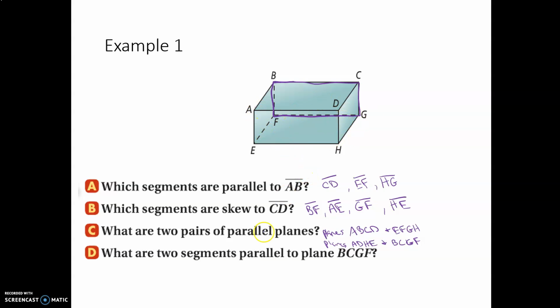So if we do left to right, AD is parallel to that plane. EH is parallel to that plane. And I know it says two, but I want to make sure you know all the examples. You could have also said DH or AE. Those are all parallel to that plane. Again, I know it said two, but I just wanted to make sure you had all the examples.